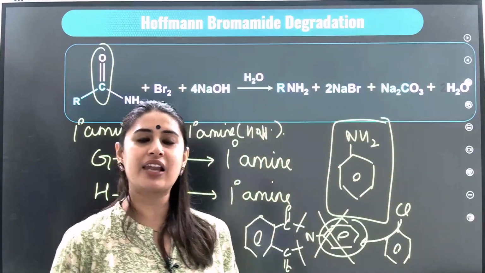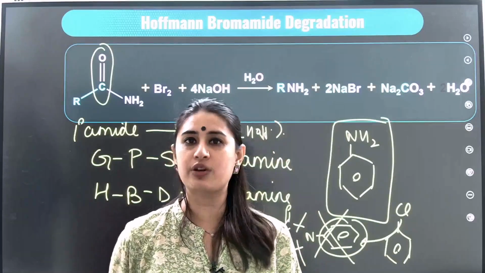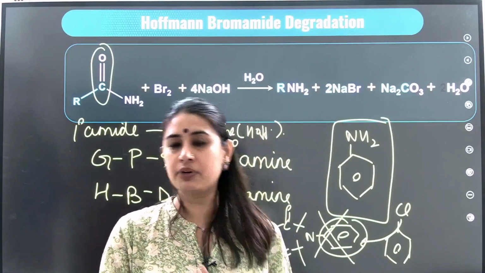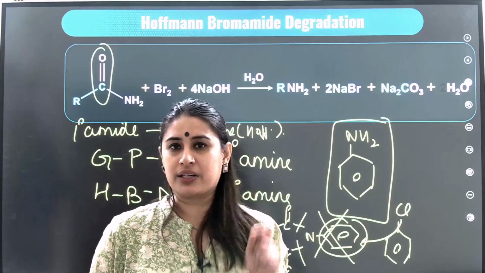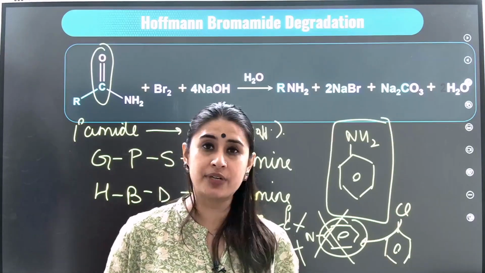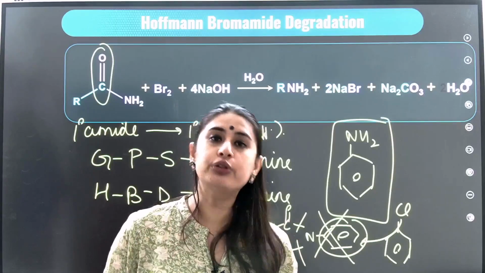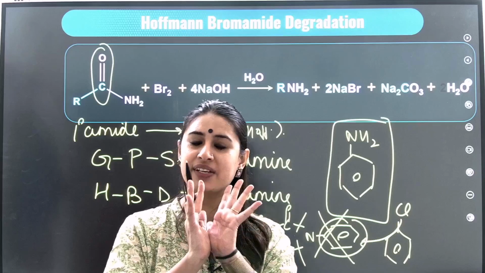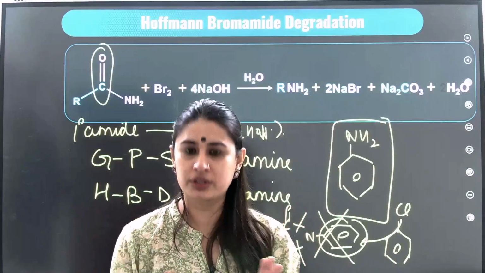So Gabriel phthalimide synthesis fails to produce aromatic amines, but Hofmann bromamide degradation can produce aniline. But the commonality between Hofmann bromamide degradation and Gabriel phthalimide synthesis is that both of them will produce 1 degree amine. I hope this gives a complete sum up of both the reactions.